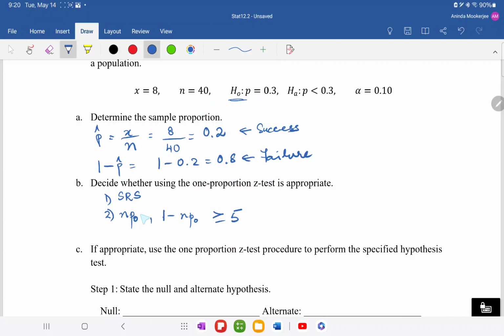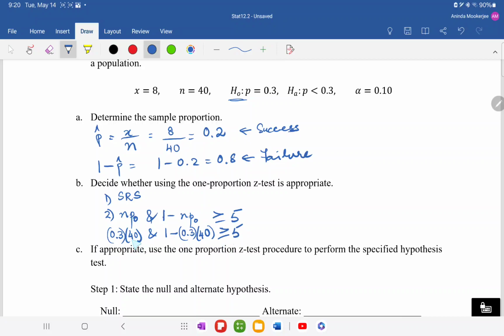And so n times 0.3. All right, so n is 40. So in other words, it's 0.3 times 40, and 1 minus 0.3 times 40 must be greater or equal to 5.